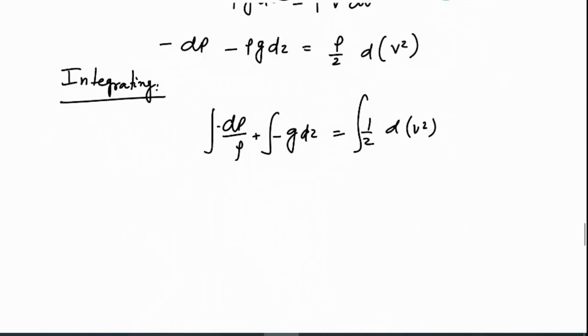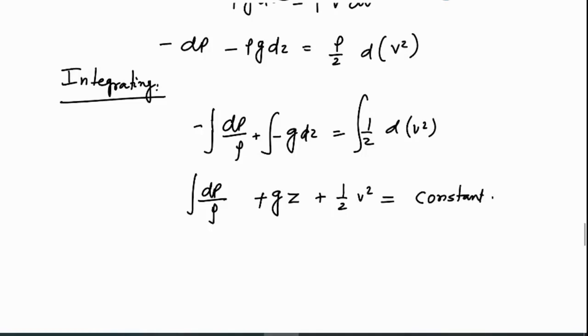That's why we can take rho outside. If rho is not constant, then you have to write rho as a function and then integrate. Otherwise, you can take rho outside and simply write dp as p. Then take g times z, put all this on one side, and you will have p by rho plus g z plus half v square equals constant.